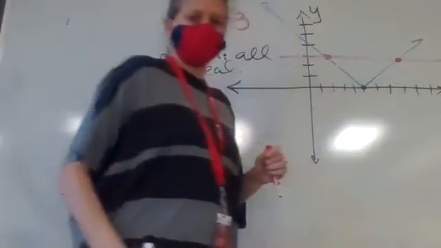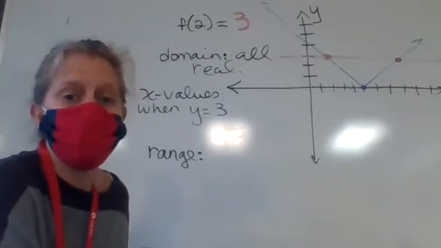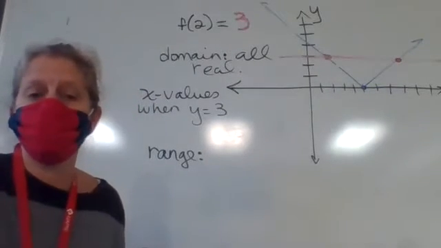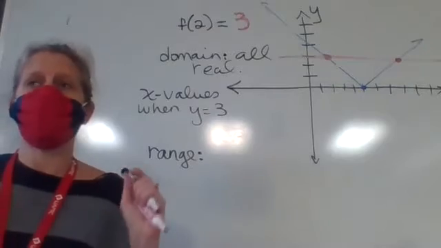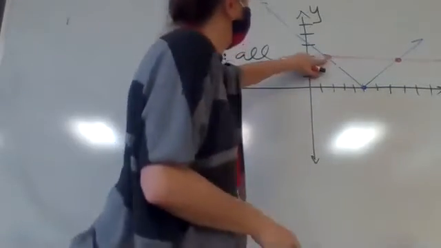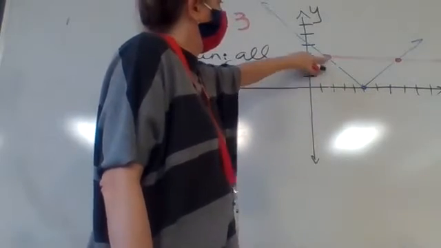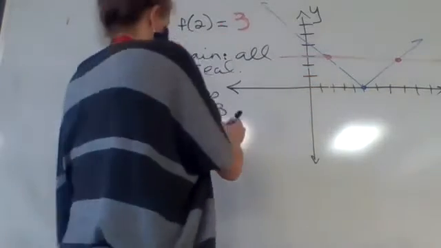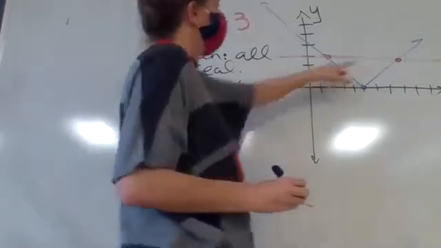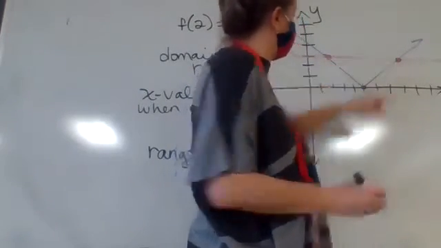So in those 2 spots, my y value would be 3, right? Because in those 2 spots, I have gone up 3. So let's see, what is this one's x? What is it lined up with on the x? 2. Good. What is this one's x? What is it lined up with on the x-axis?